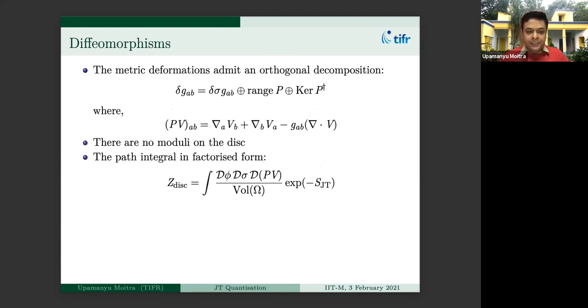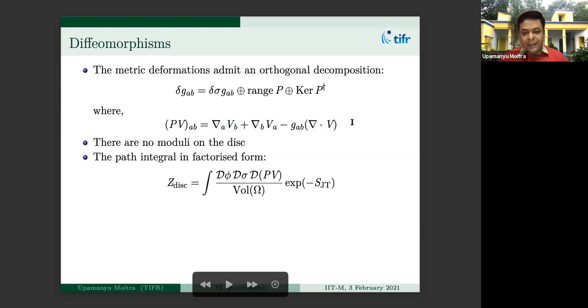And we now need to consider various diffeomorphisms. So the metric deformations admit an orthogonal decomposition. Any metric deformation can be decomposed into these parts, where this is a variation of the Weyl factor before, and then a direct sum with the range of an operator P and the kernel of some operator P dagger, where the operator P is defined to act on some vector field V by this particular action.